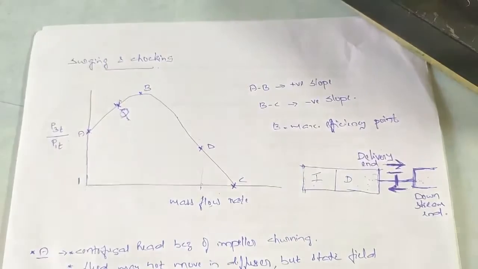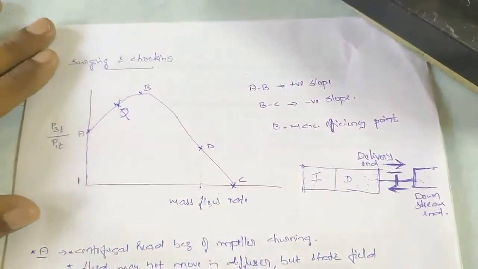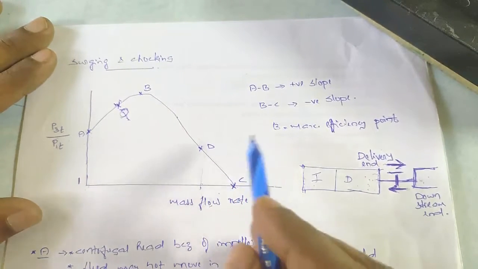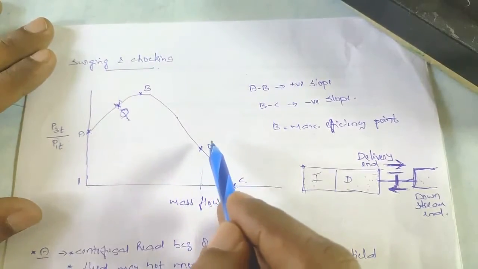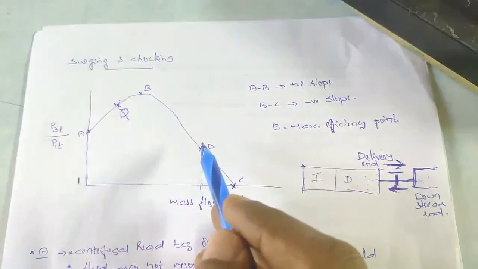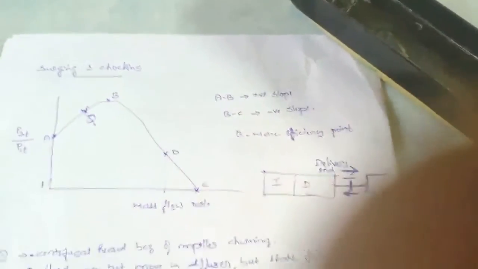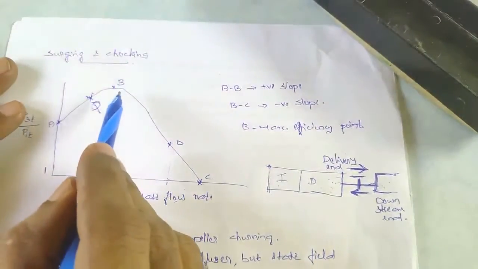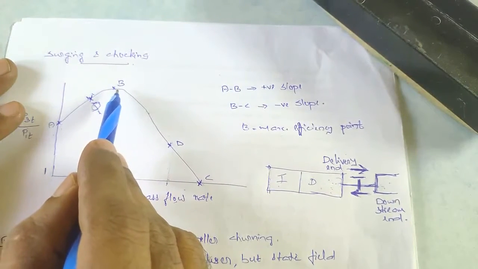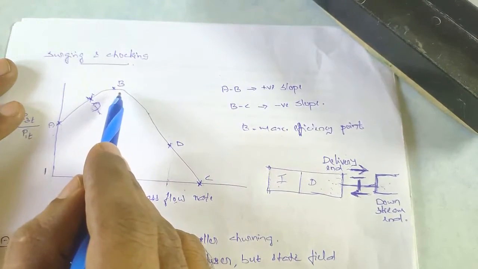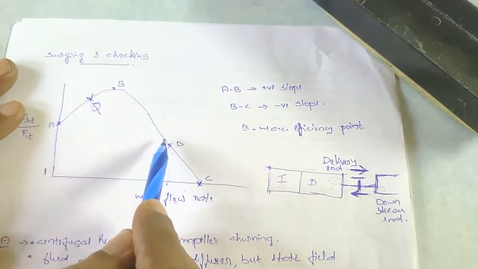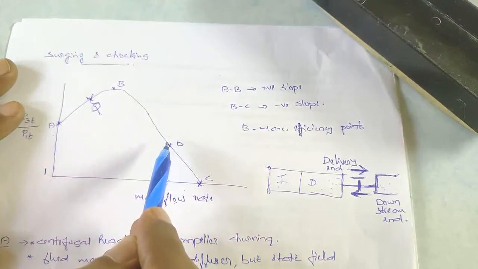But as we have already discussed, the mass flow rate cannot be zero theoretically at point C. Even before C, at a particular point around D, what happens? As the valve is being opened and the mass flow rate is being increased from B, the velocity of flow keeps on increasing.